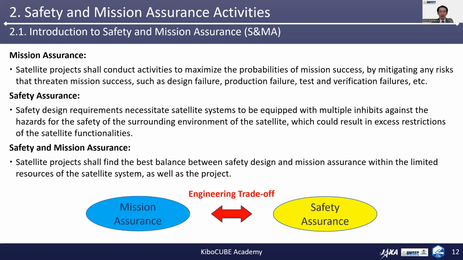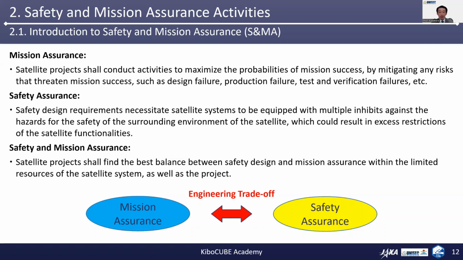The safety design requirements necessitate that satellite systems be equipped with multiple inhibits against hazards to ensure safety in the surrounding environment of the satellite. So in some cases, this could result in excess restrictions of the satellite functionalities.